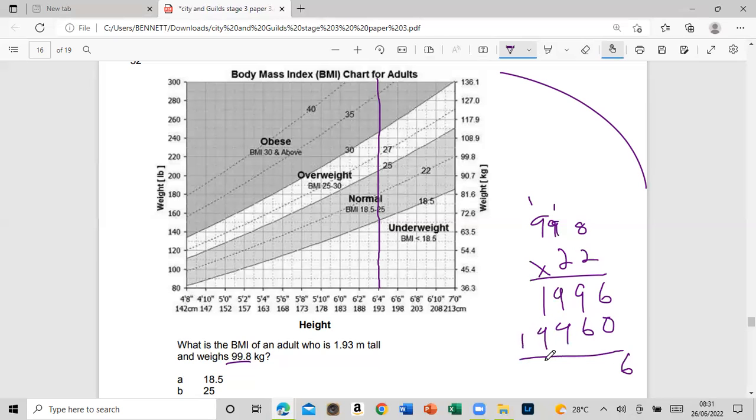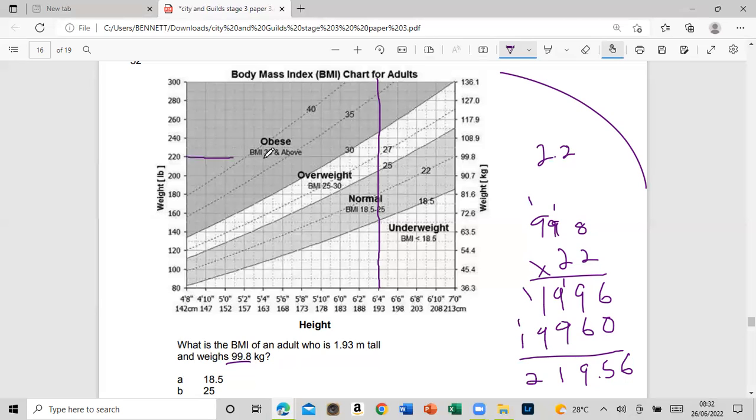Convert it to kilograms, but then give it in pounds. 6 and 9 is 15, 5 carry 1, 9 and 9 is 18 and 1 is 19, 9 and 1 is 10 and 1 is 11. So that's 211. How many decimals? We have 1 from here and 1 from 2.2, so 219. All right.